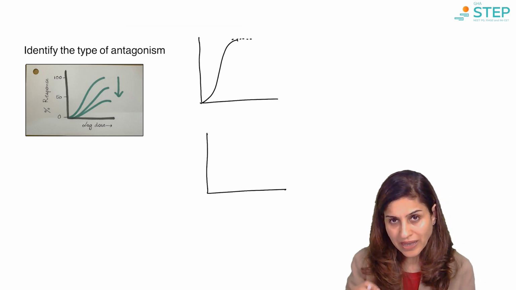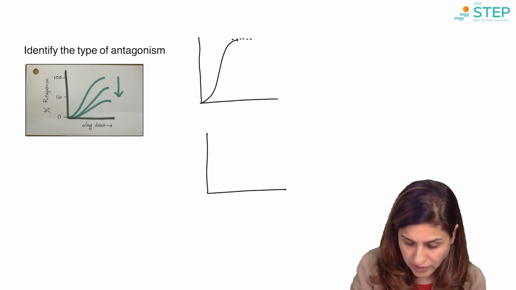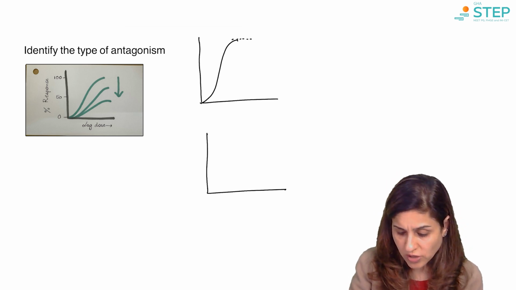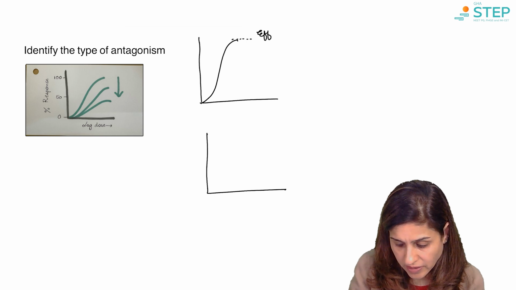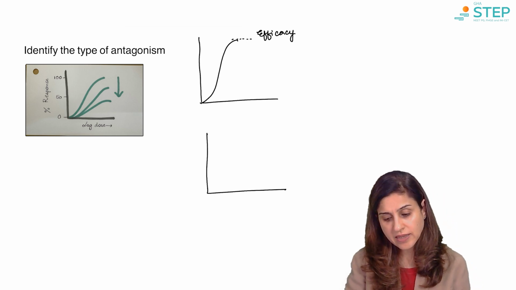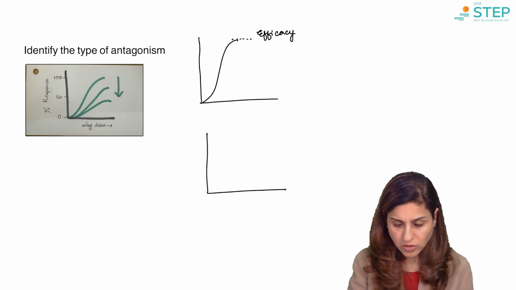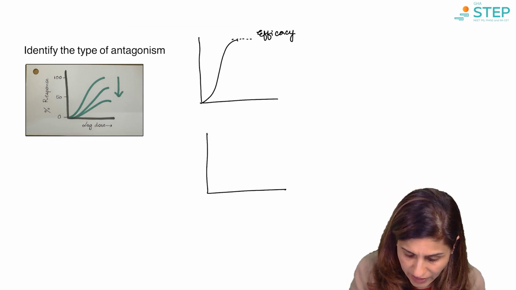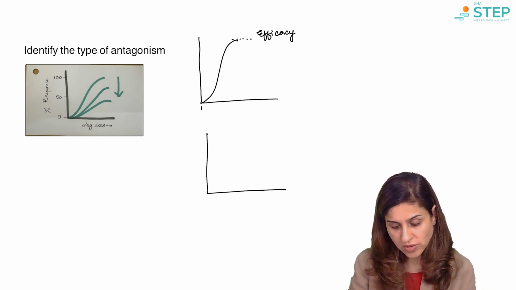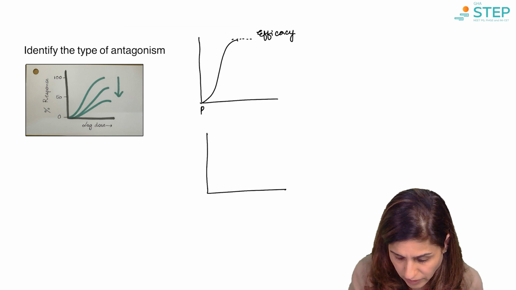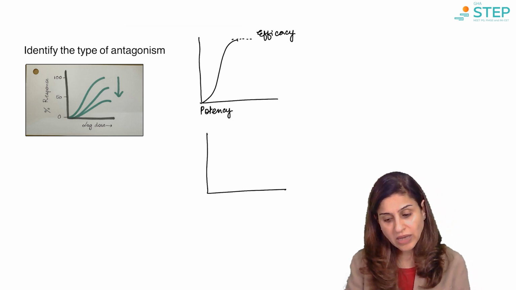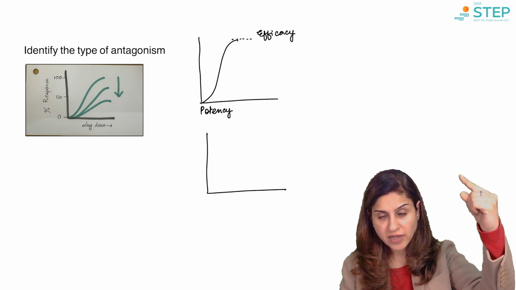One term we should be very clear of is the maximum response achieved. So usually the height tells you about the efficacy of a drug. So we can say that this drug has a good efficacy here, while the dosage tells you about the potency of a drug. So the height tells you about the efficacy.